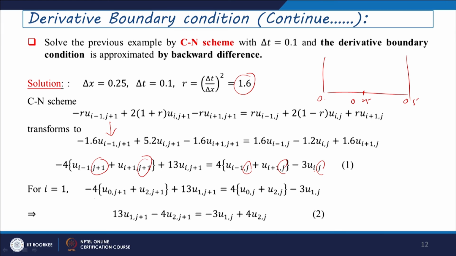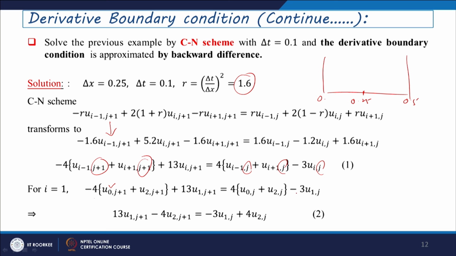For i equals 1, if we put it here, u0,j+1 is nothing but the boundary value, and then 13 u1,j+1 minus 4 u2,j+1 equals 4 u0,j + u2,j minus 3 u1,j here.